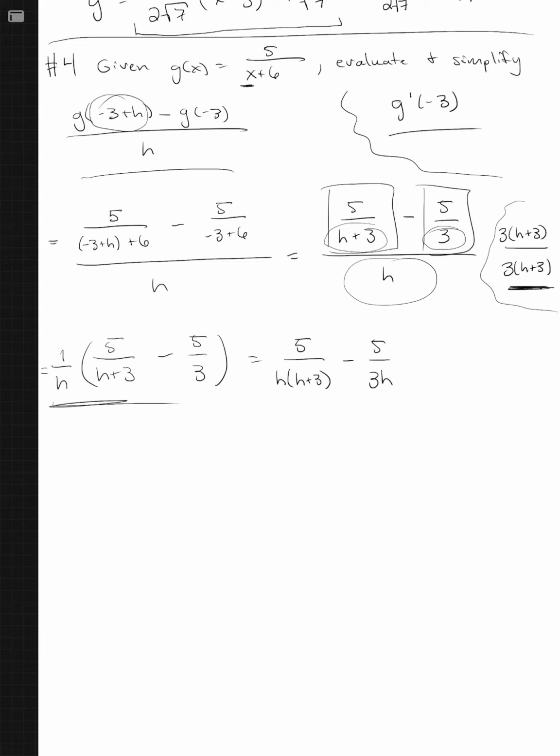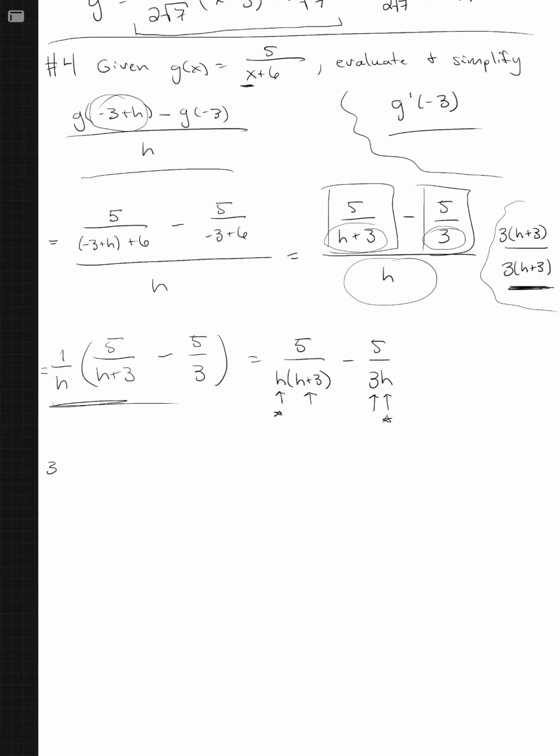All right, so what we want to do here to simplify is get a common denominator, right? So one thing we notice is that this has a factor of h and a factor of h plus 3. This has a factor of 3 and a factor of h. So each one of these two denominators is only missing one factor, right? They both have this factor of h, so that's good.